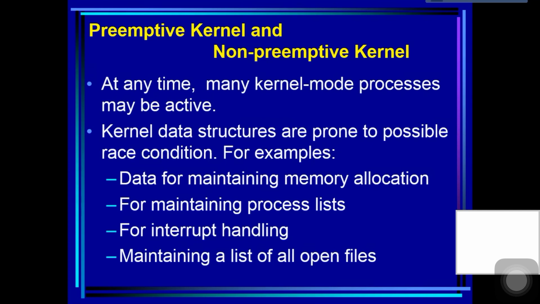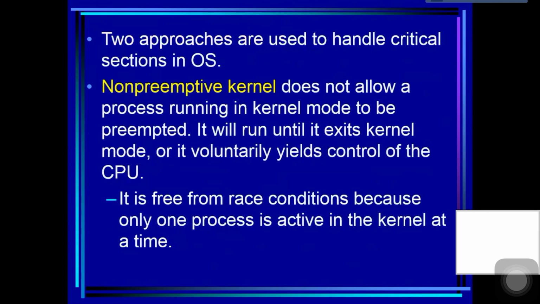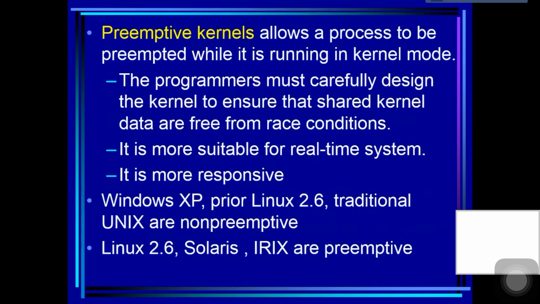Two general approaches are used to handle critical sections in operating systems: preemptive kernels and non-preemptive kernels. A preemptive kernel allows a process to be preempted while it is running in kernel mode.